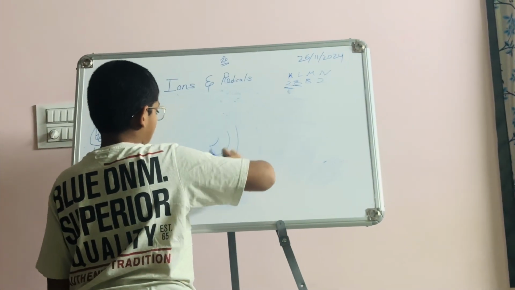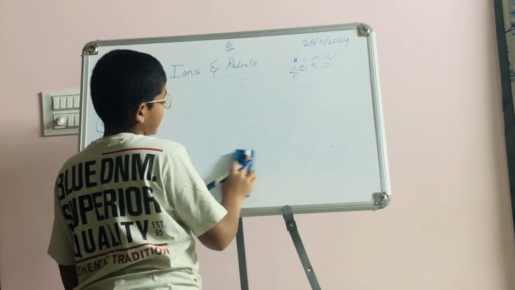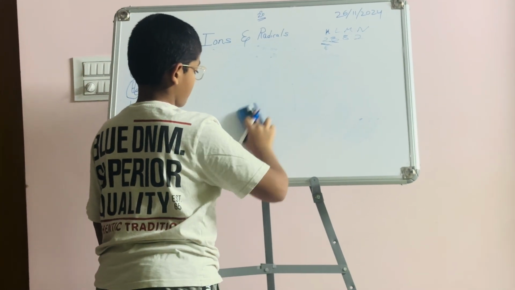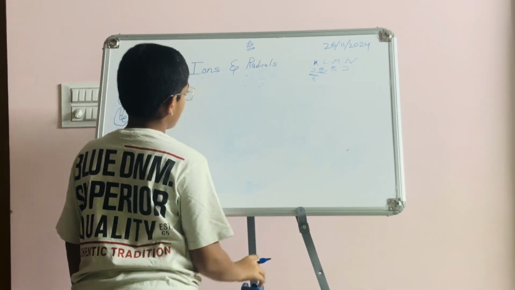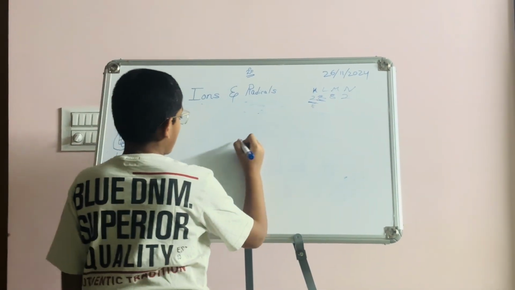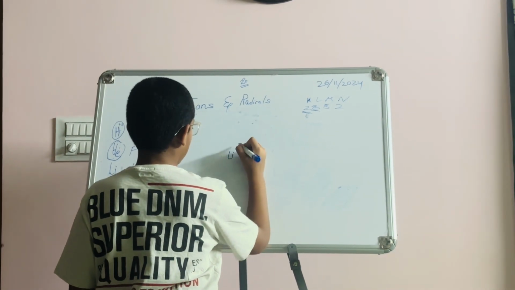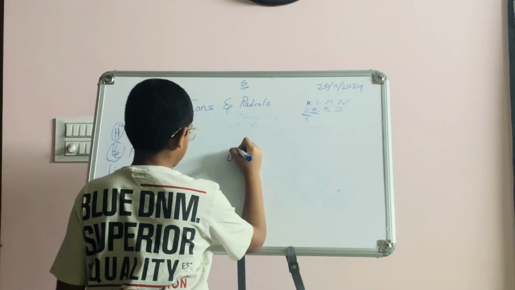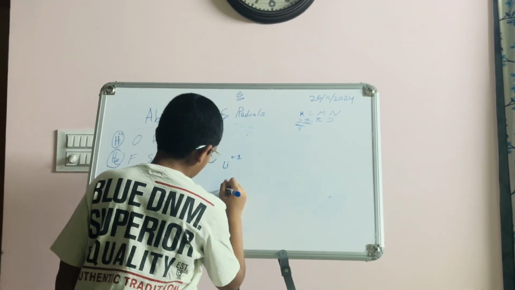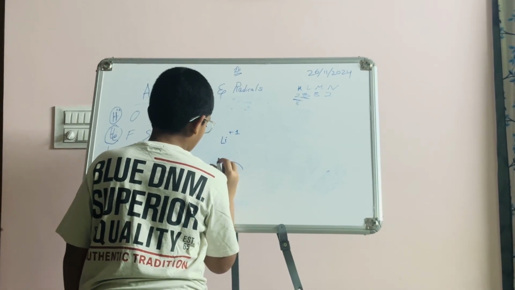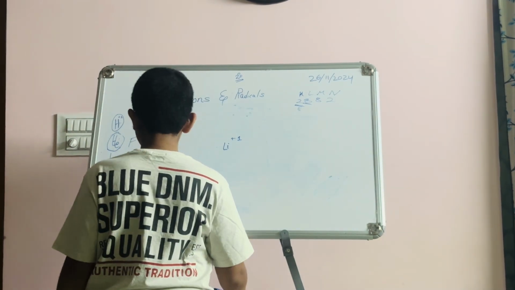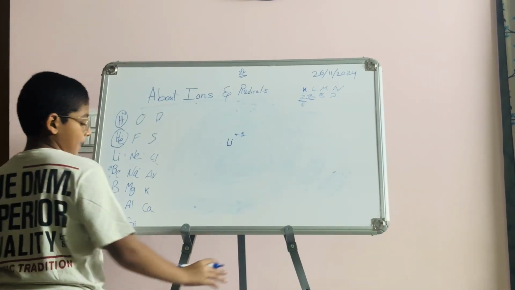By losing 1 electron, it has got plus valency. As it gives 1 electron, it becomes lithium plus 1.